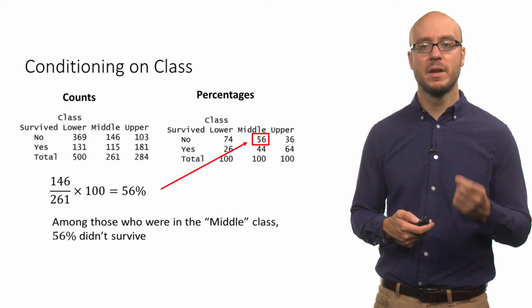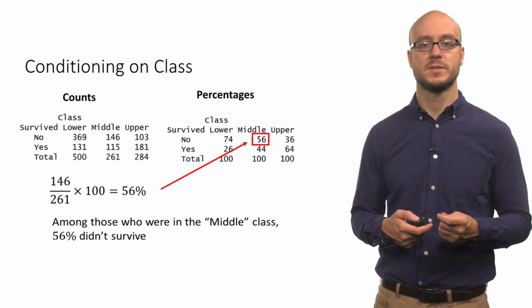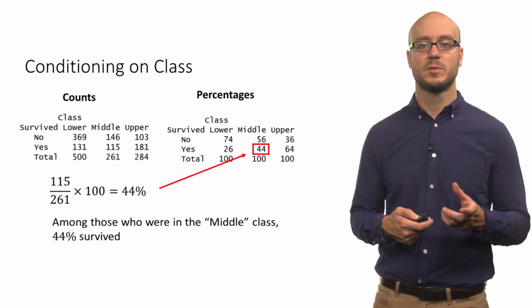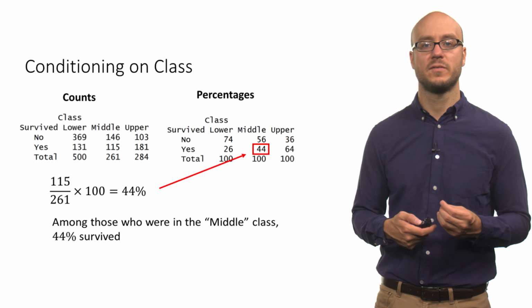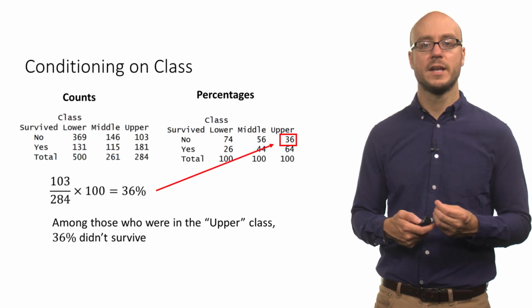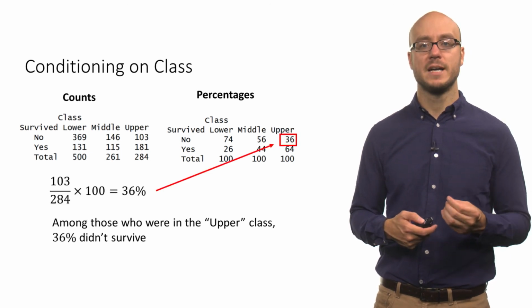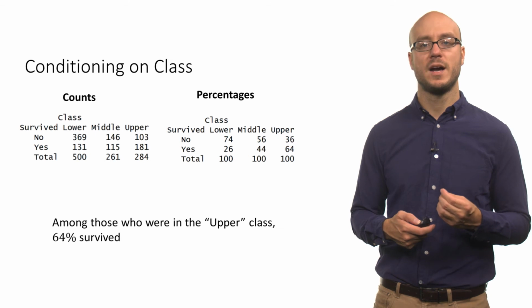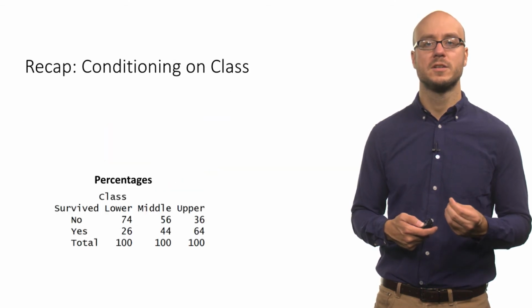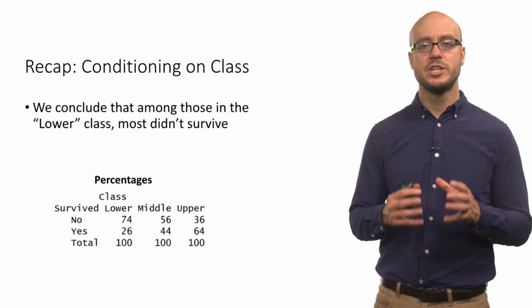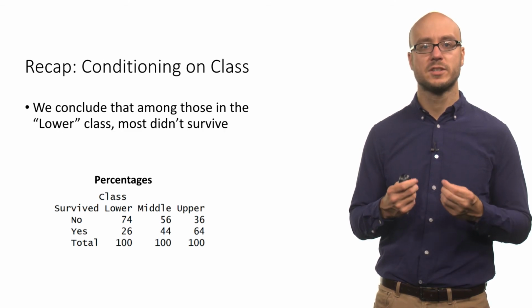Among those who were in the middle class, 56% didn't survive, and 44% survived. Among those in the upper class, 36% didn't survive, and 64% survived. So conditioning on class also suggests a relationship.